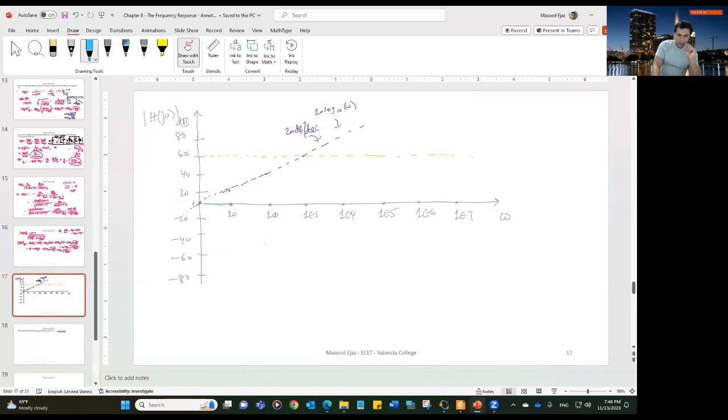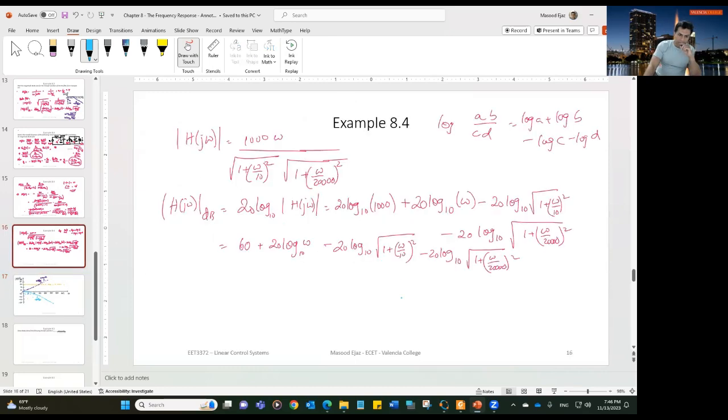And then after 10, we're going to decrease, and the slope of this is negative 20 decibel per decade. And that's my third term, negative 20 log 10 of this.